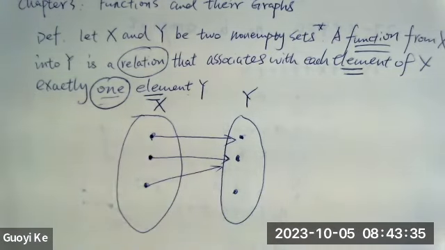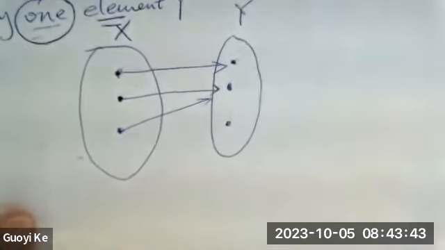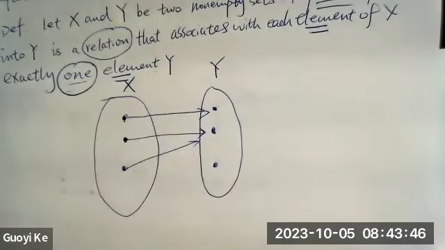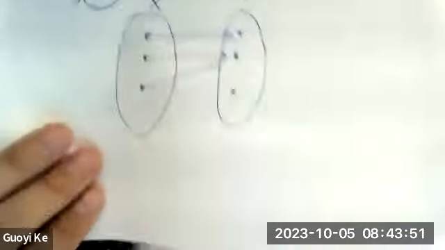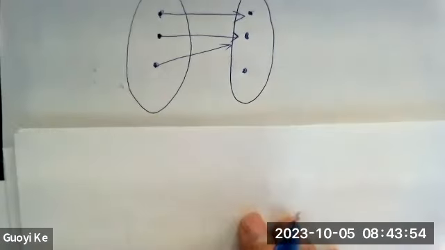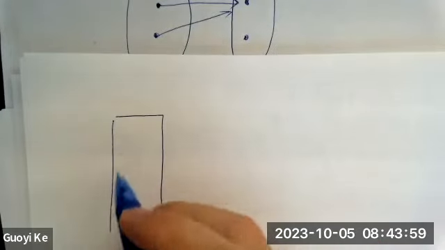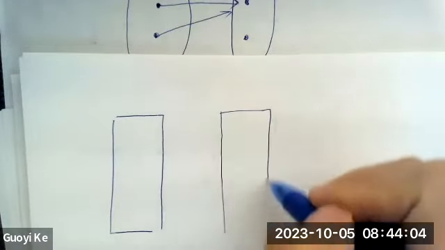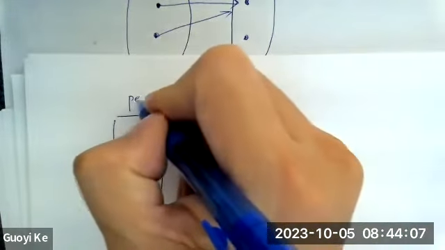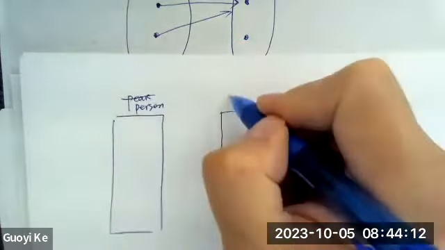Now let's take a look at some examples. Okay. Here's a person. Here's a phone number.